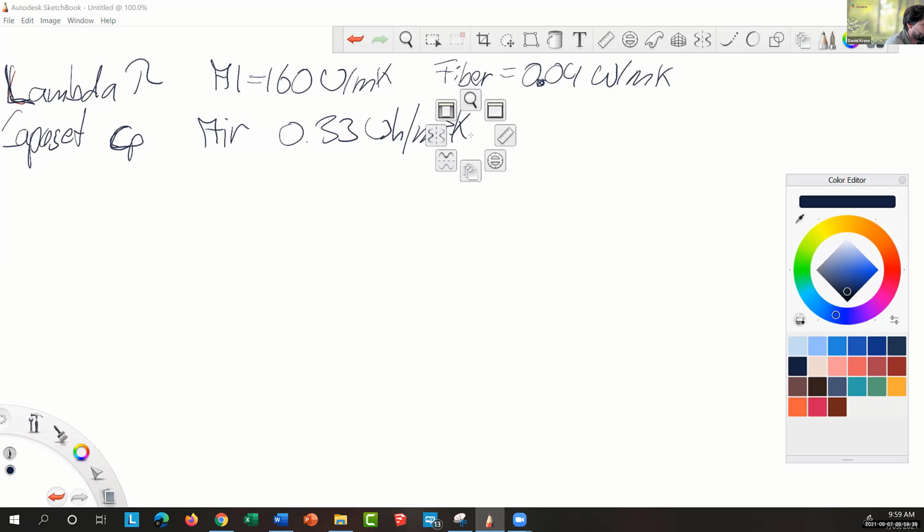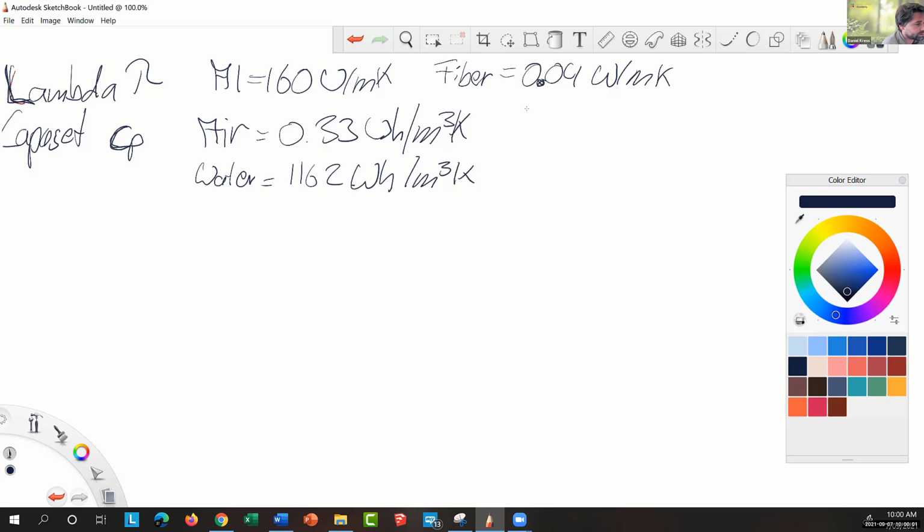If you're looking now at water, it has a capacity of 1,162 watt hours per meter cube Kelvin.